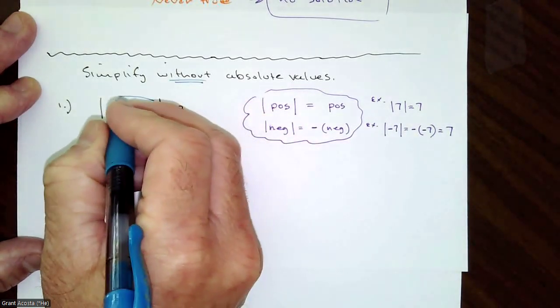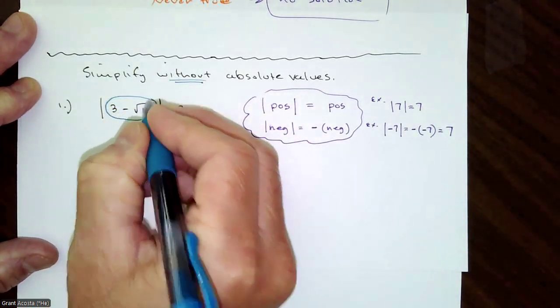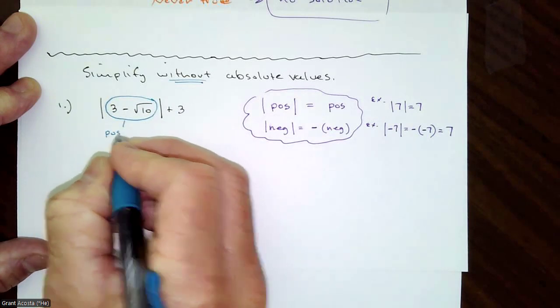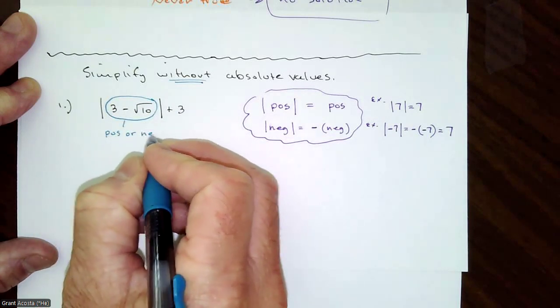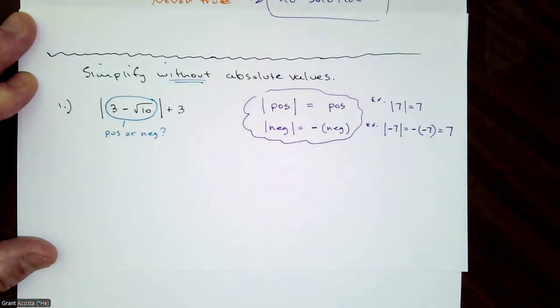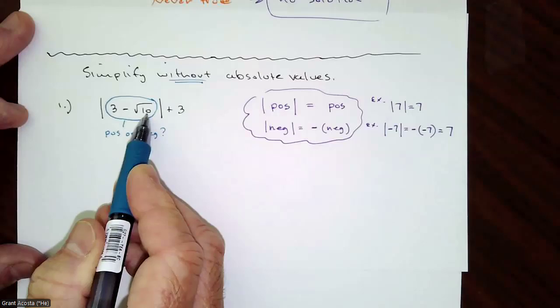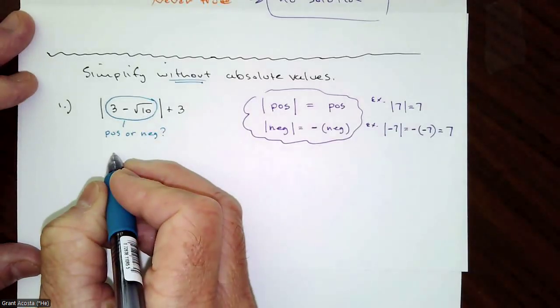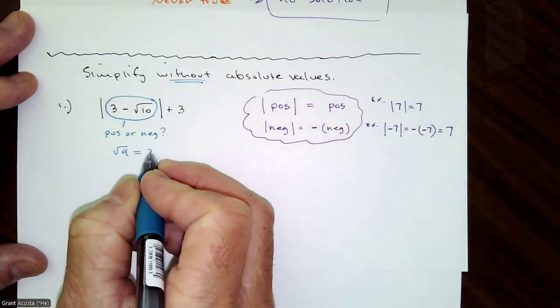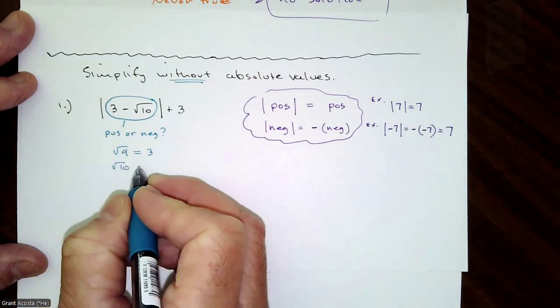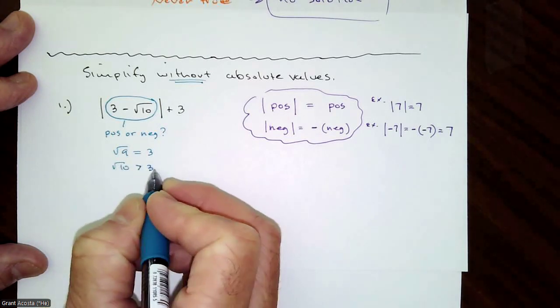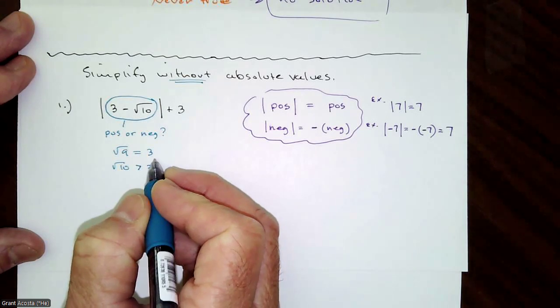You have to first make a decision. I need to know whether this 3 minus root 10 is positive or negative. And I claim you should be able to do this without a calculator. You should know that since root 9 is exactly equal to 3, root 10 is a little bit bigger than 3, probably like 3.1 or something like that.